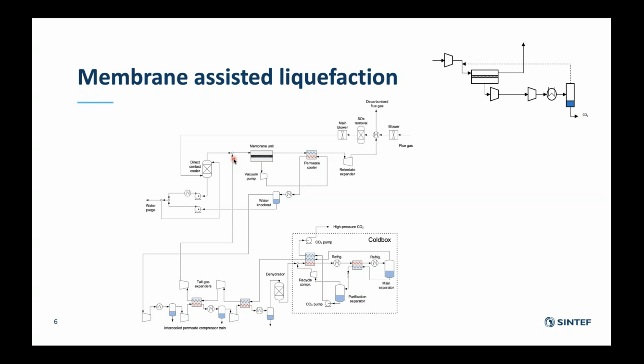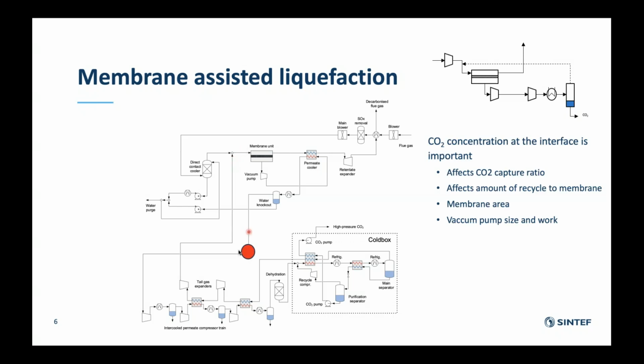What is important here is the CO2 concentration at the interface, because it affects the overall CO2 capture ratio. It affects the amount of CO2 recycled to the membrane, because if you start with a low purity in the CO2 liquefaction part, there is quite a lot of recycle back to the system, and that in turn affects the membrane area and the vacuum pump size and work.